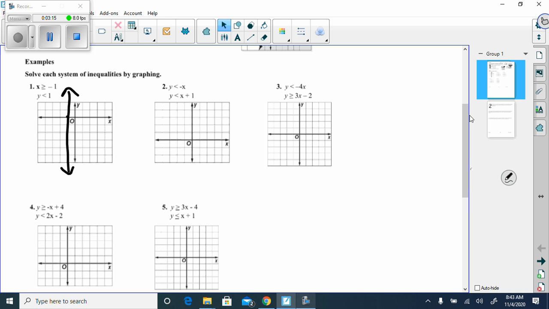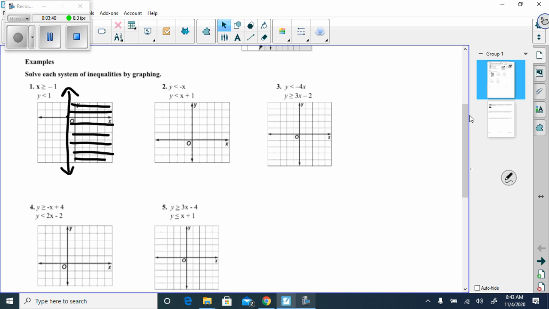And I want to show that x is greater than -1. So am I going to be shading to the left or to the right? So I'll be shading everything over here. Make sure you don't shade too dark because you do want to be able to tell where they overlap.